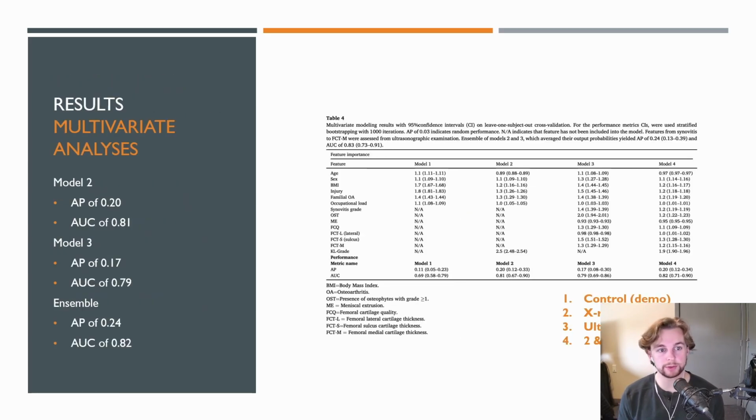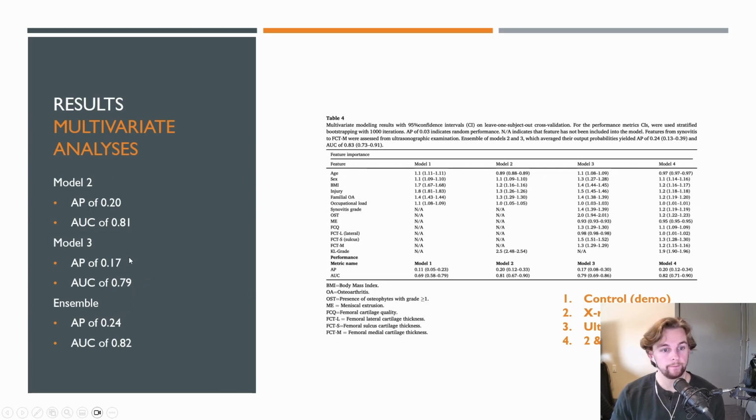Multivariate analysis. This table shows all 4 models and the significance of each predictor. In model 2, we had an area under the precision recall curve of 0.2 and an area under the curve of 0.81. Model 3 had an area under the precision recall curve of 0.17 and an area under the curve of 0.79.